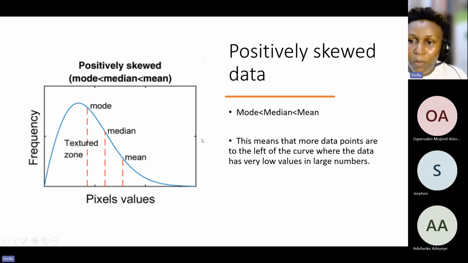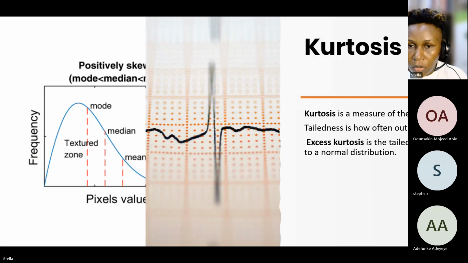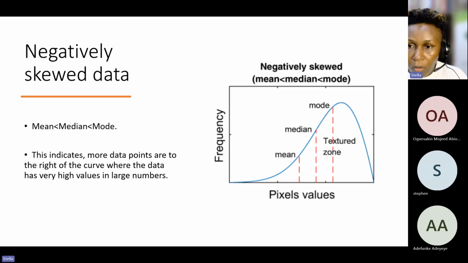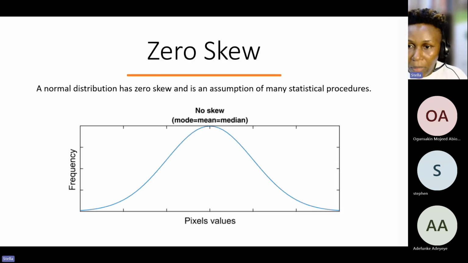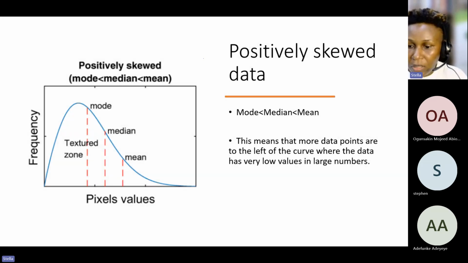This means that more of your data points are to the left of the curve, but the data has very low values in large numbers. So that's for skewness. Remember, we have the normal curve, then the negatively skewed, then the positively skewed, where all our data points are towards the left of the curve.